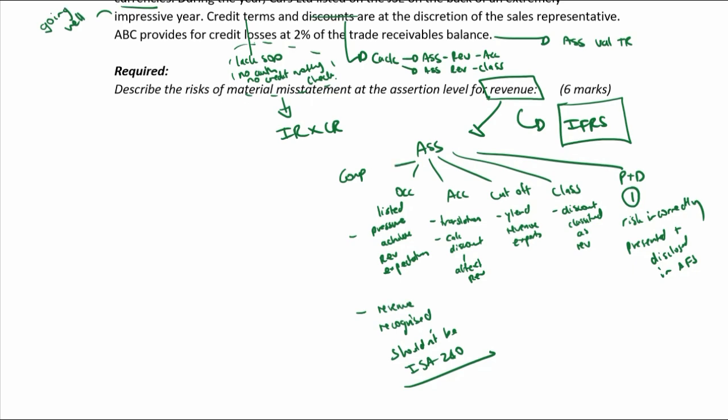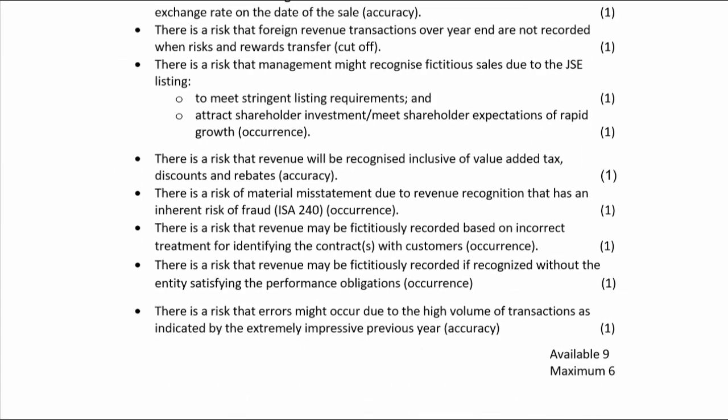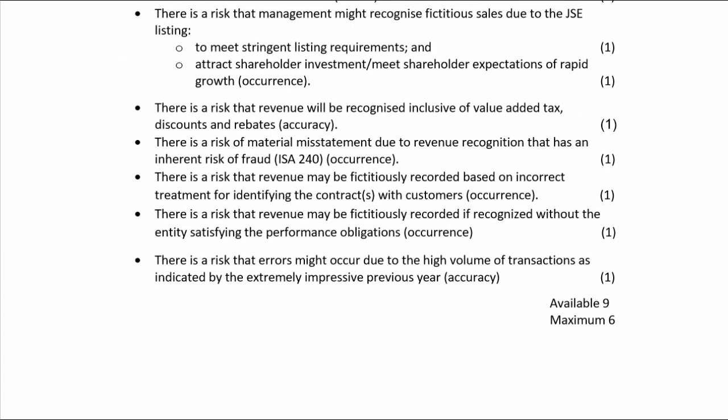Okay, and guys, if you go and have a look at the solution here, these are standard risks that appear when you've got revenue. So the risk that revenue is fictitiously recorded based on the incorrect treatment for identifying the contracts with customers. The risk that revenue is fictitiously recorded if recognized when they have not satisfied the performance obligations.